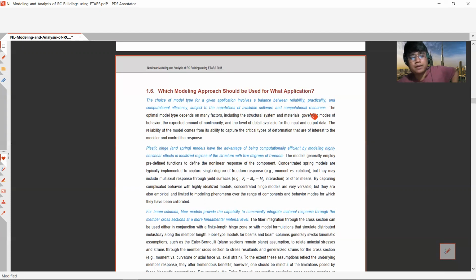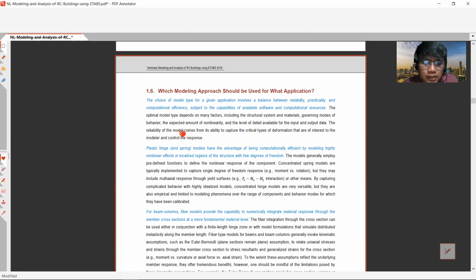So the optimal model depends on many factors, including the structural system and materials, governing modes of the behavior, the expected amount of nonlinearity, and the level of detail available for the input and output data.